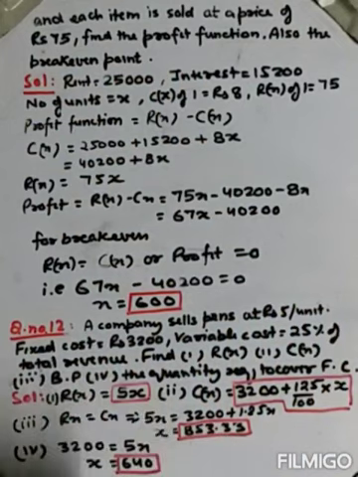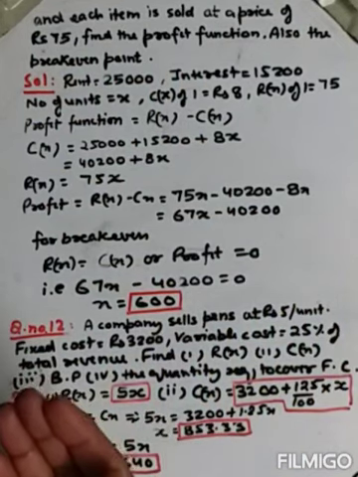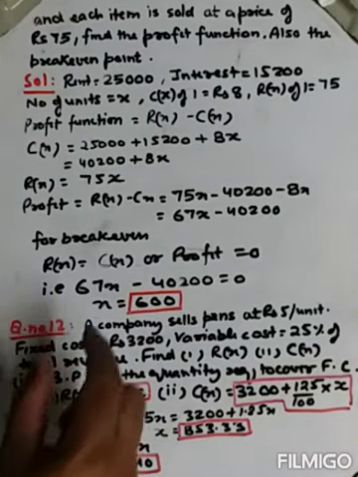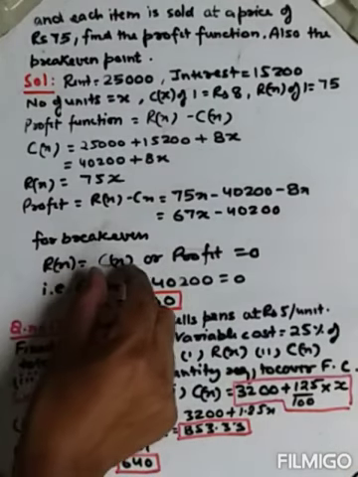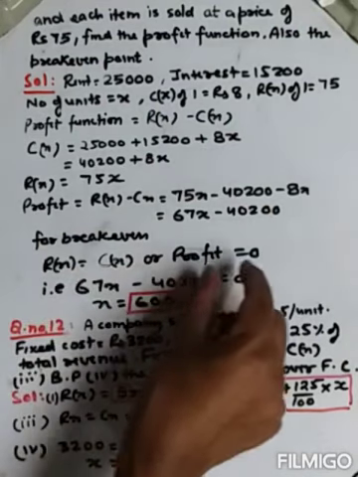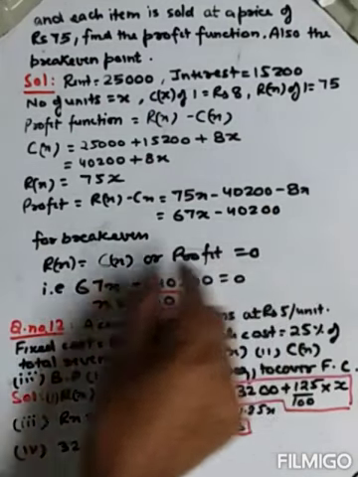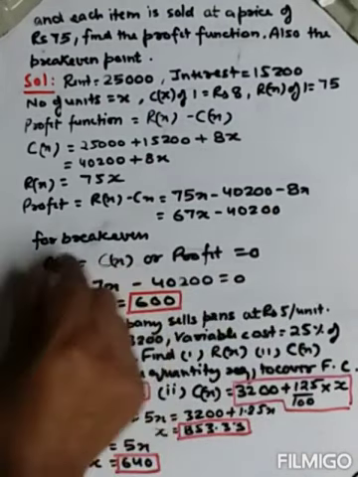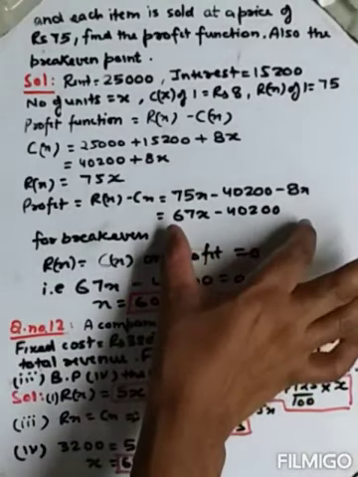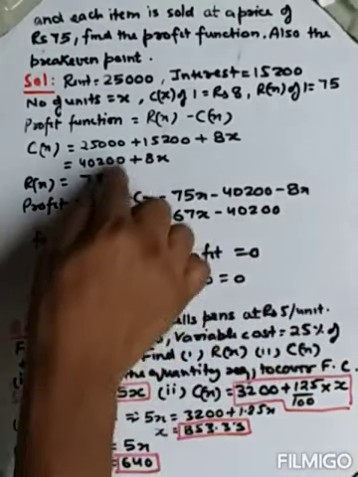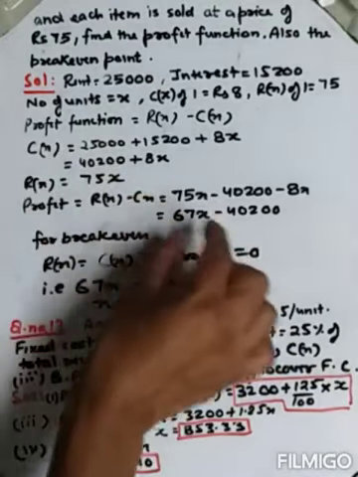Now how to find the break even? Break even point means that point where we are able to at least recover our basic expenses. So in that case, revenue should be equal to cost function, that is profit should be equal to 0. When the SP and CP are equal, then profit is 0. So this we have already taken out. Either you can equate these two values, or use the profit we have already taken out.